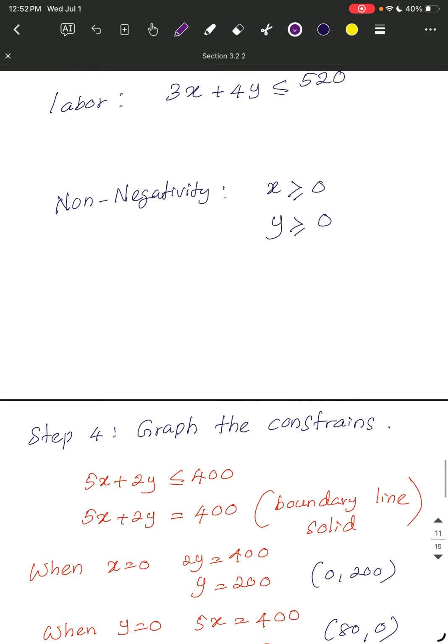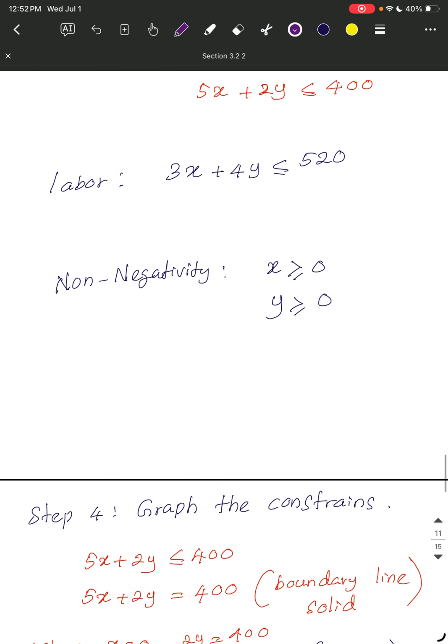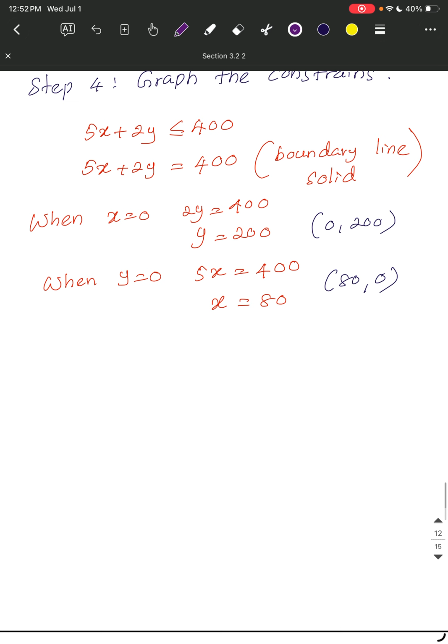3x plus 4y less than or equal 520. When x equals 0, 4y equals 520. So 520 divided by 4, 130.